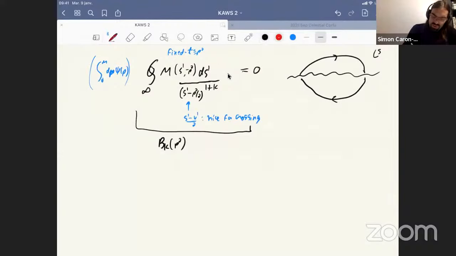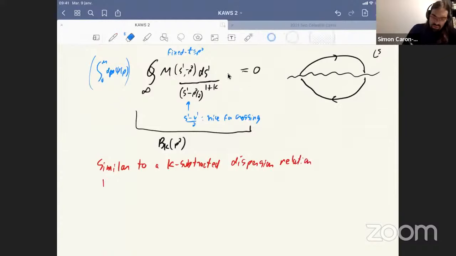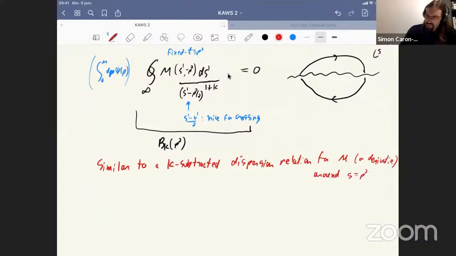Okay, so it's similar to a k-subtracted dispersion relation that reconstructs the amplitude or its derivative around s equal p squared over 2. Okay, so it's similar to a dispersion relation.